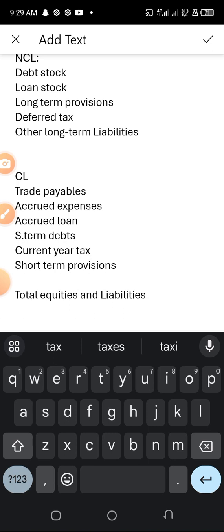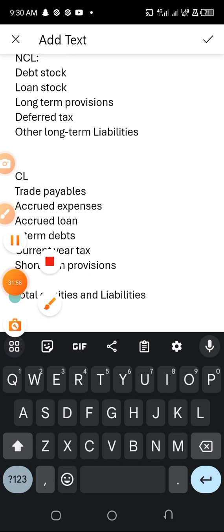The total of current liabilities and non-current liabilities equals the total liabilities, and the total of the equity, which is also known as shareholders fund, plus the total liabilities must be the same as your total assets.